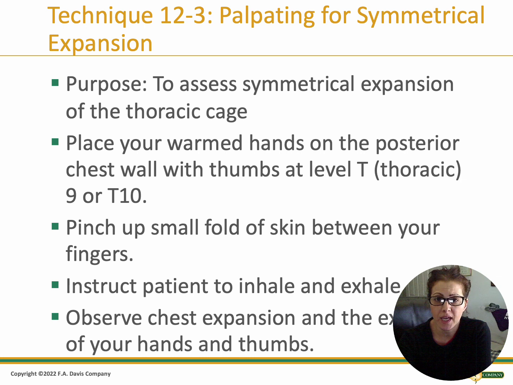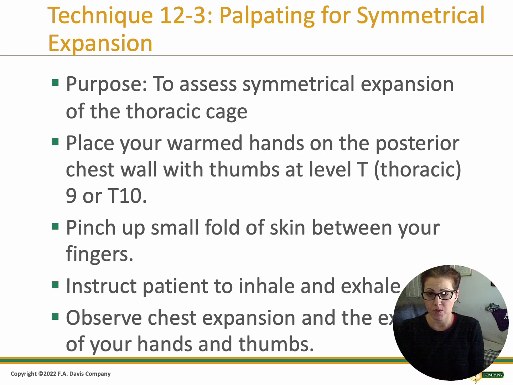You're palpating for symmetrical expansion, and this is important because you actually have to count down the back of the posterior thoracic landmarks. You're identifying the thoracic vertebrae, and you're counting from vertebra to vertebra until you get to levels T9 and T10, which is usually a nice landmark right behind the elbows.